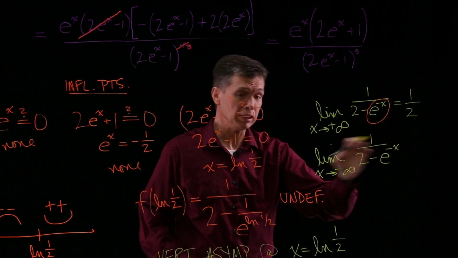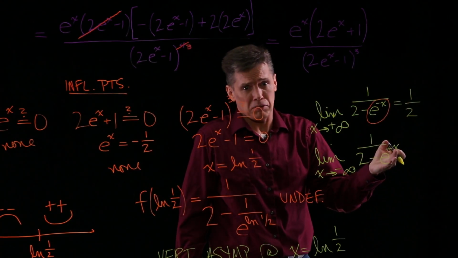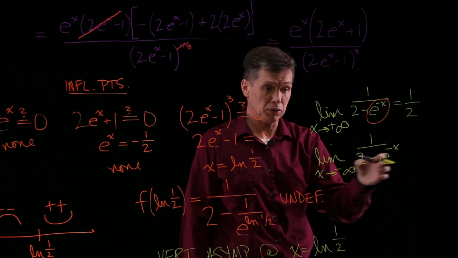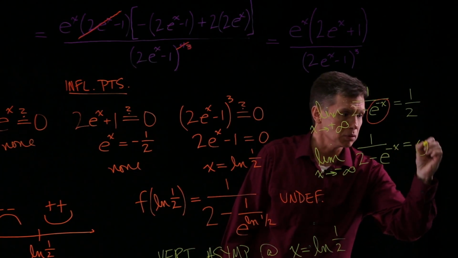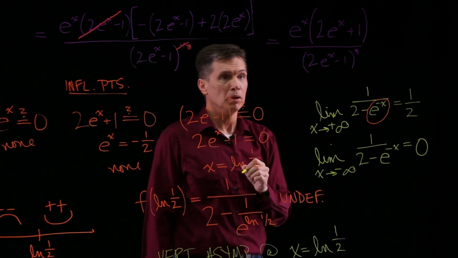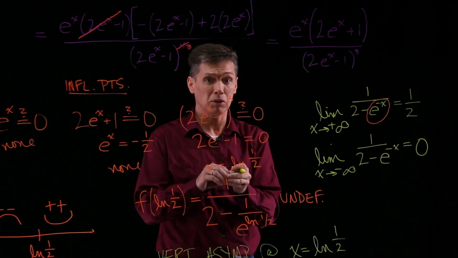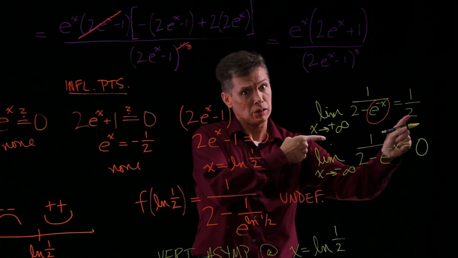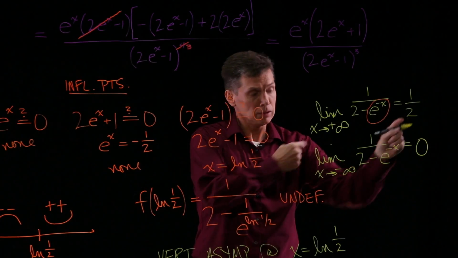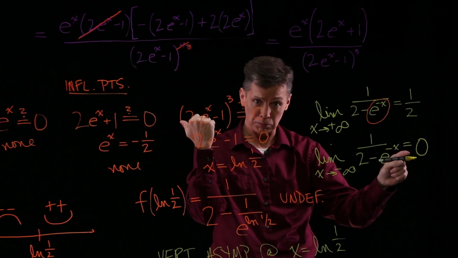So e to the infinity is infinity. 2 minus that, well, that's a negative infinity, but it's huge. So 1 over huge always goes to 0, right? Okay, so two different answers, two different horizontal asymptotes. When the graph heads to the right, it's going to tend toward a y equals 1/2 line. When the graph tends to the left, it's going to be a y equals 0 asymptote.